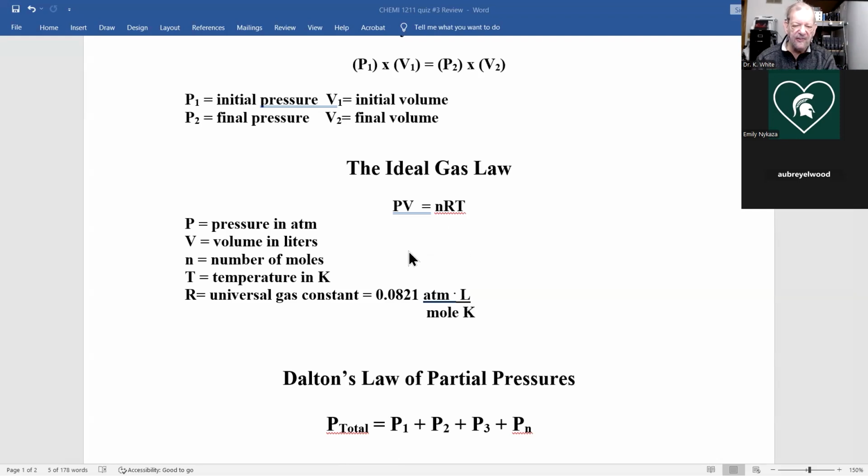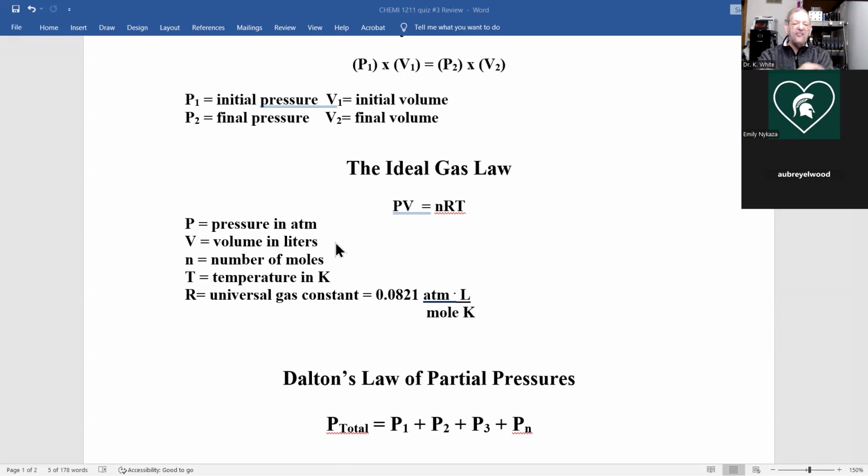And T is temperature. Now, when you use PV equals nRT, it's important to know each of these has to be in the right units. Pressure has to be in atmospheres. Volume has to be in liters. N is the number of moles, and temperature has to be in Kelvin.